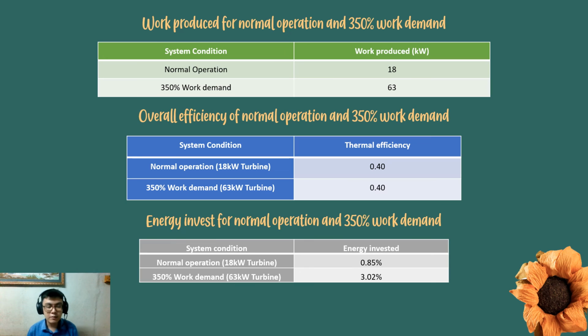So as we can see from the table, 350% of work demand has a higher energy invested compared to normal operation. Both conditions have low energy invested. So to maximize the energy invested and thermal efficiency, we can run the system at a higher temperature and use more quality equipment for longevity.